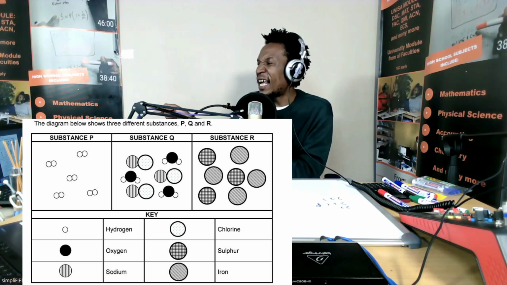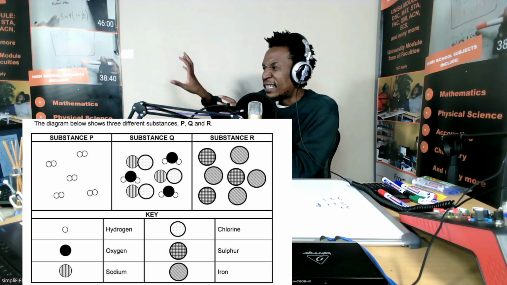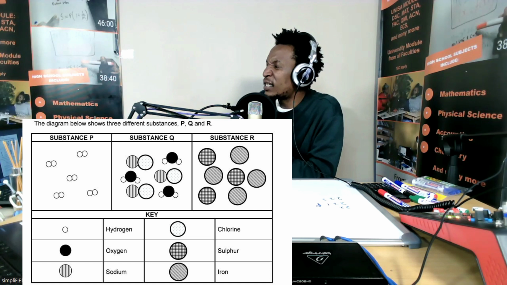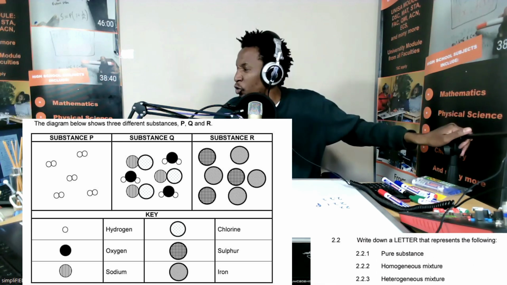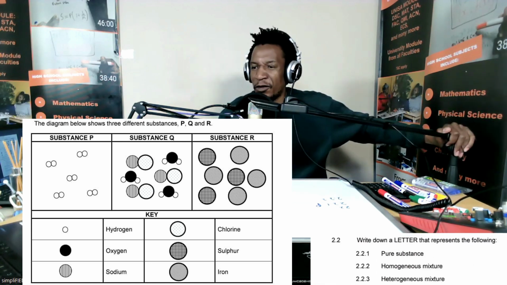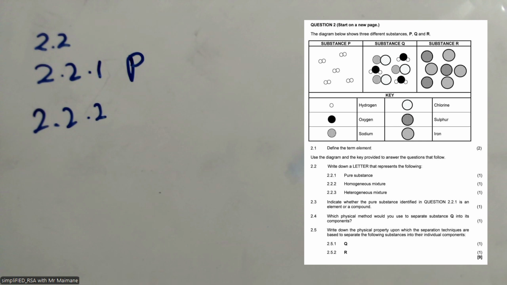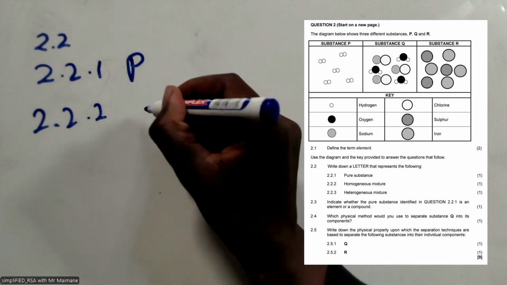But unlike substance R, where there's variety going on, even in the distance between the bonds. So for 2.2.2, the homogeneous mixture from these substances is going to be substance Q.